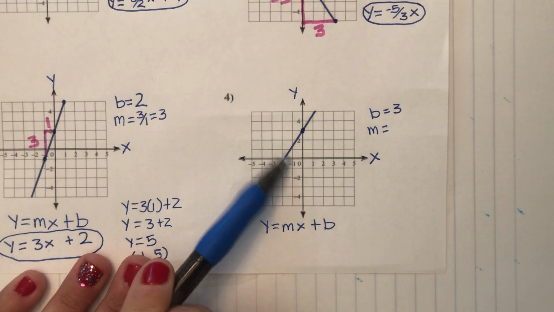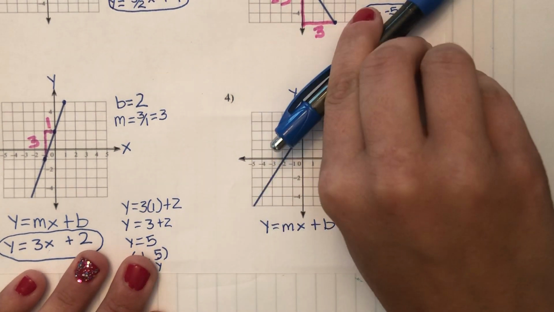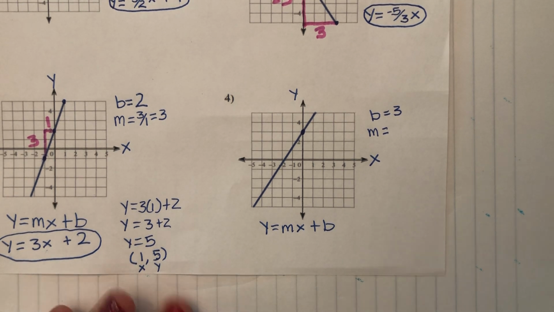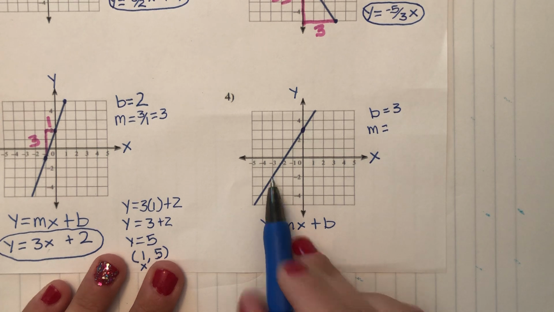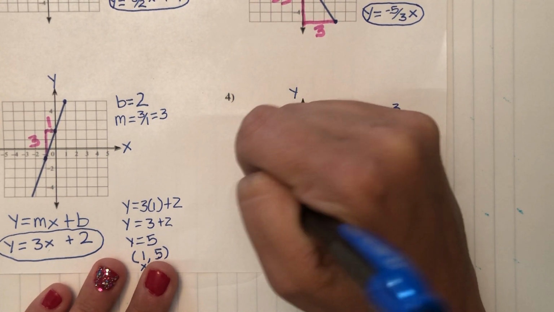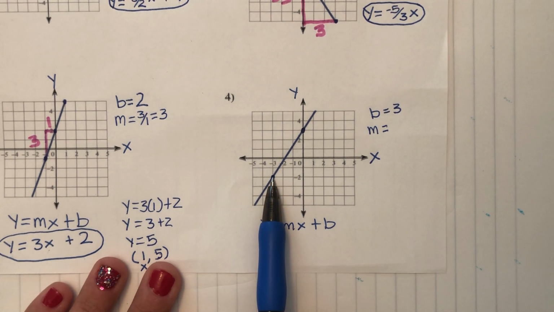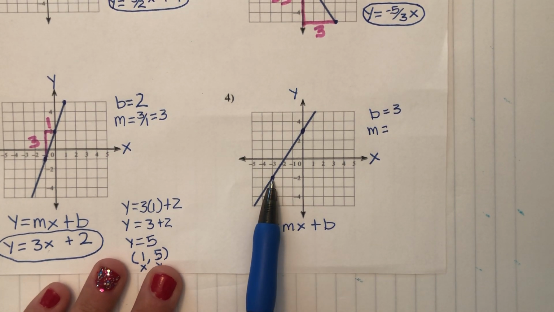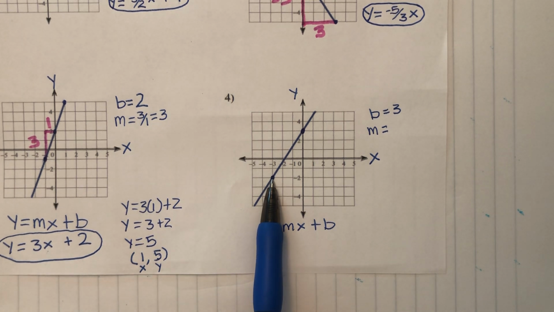Our line is going up the mountain, puff, puff, positive. So I need to find another point to calculate the slope of this line. So I see another point right here. And it's going right through all 4 corners, nice and perfectly right through those corners. So that's a good another point to use.